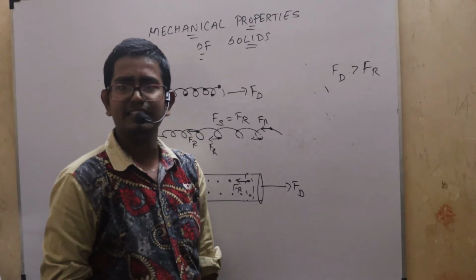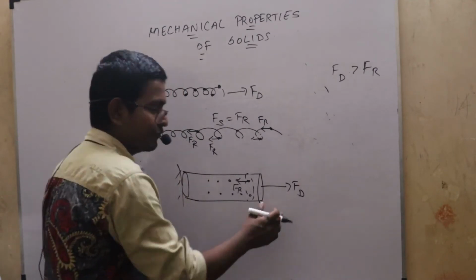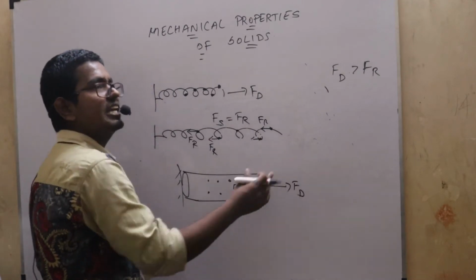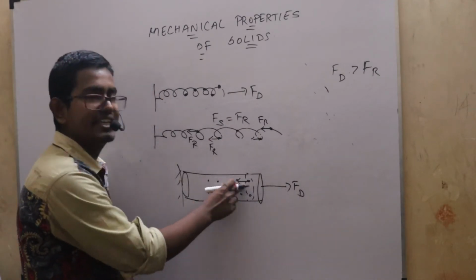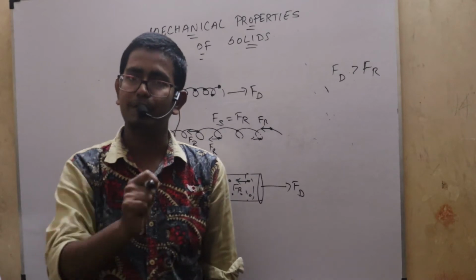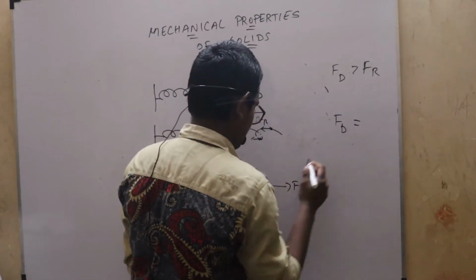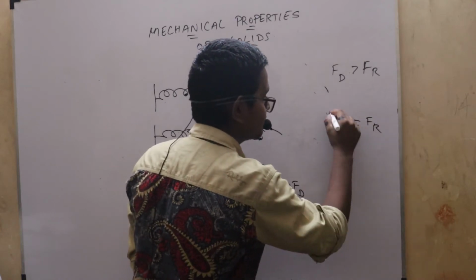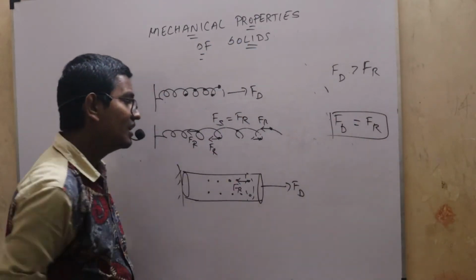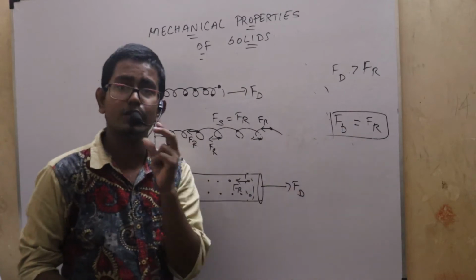So however much force I apply, the same exact force acts opposite to the direction of the deforming force. Here I can say that the deforming force is equal to the restoring force.